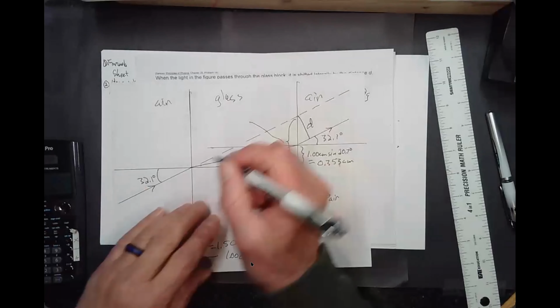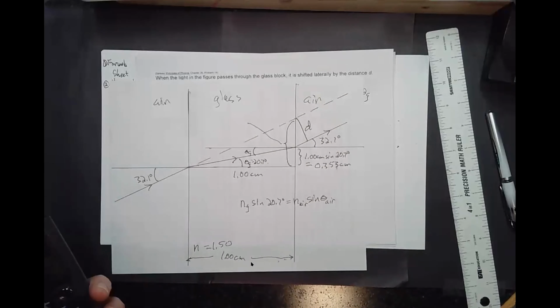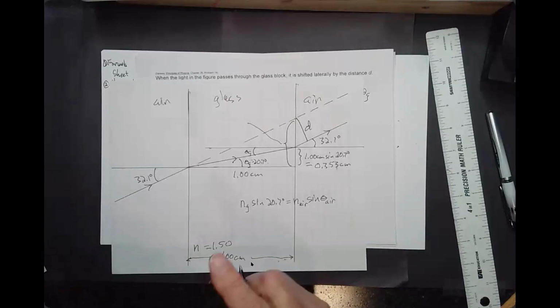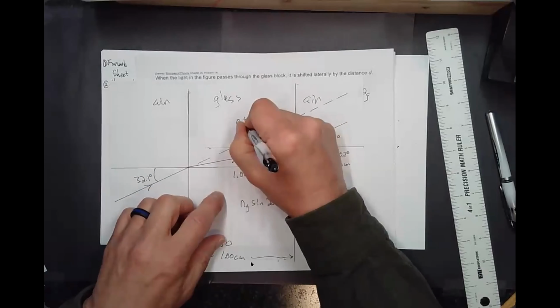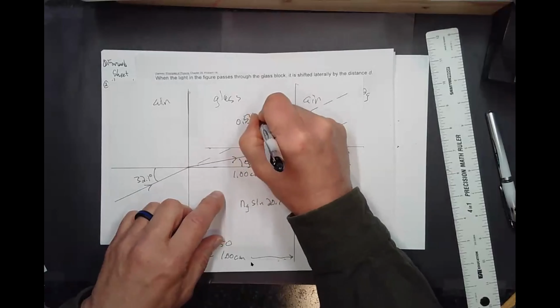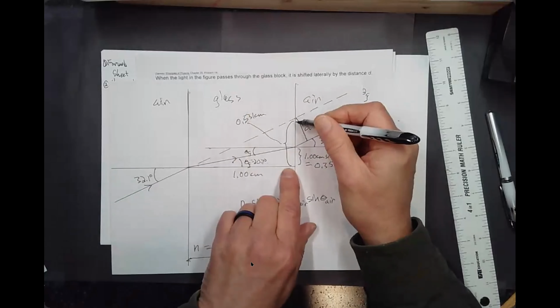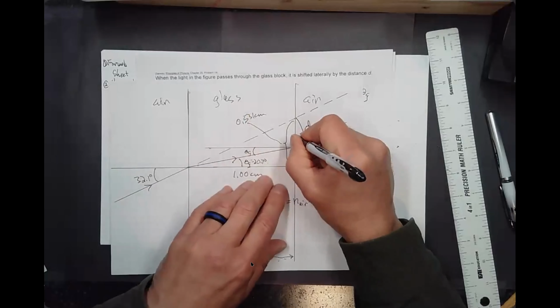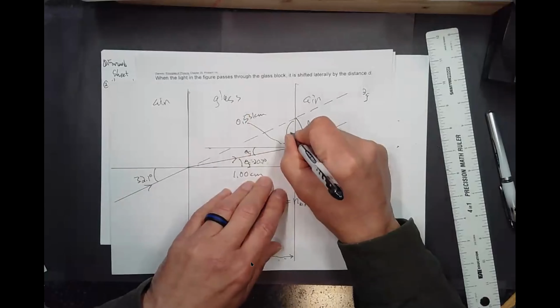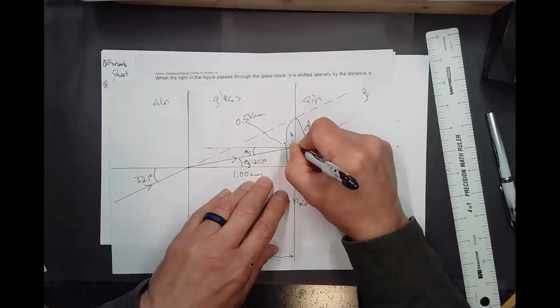Okay, well, this total distance here is going to equal 1 centimeter times the sine of 32.1 degrees, which is 0.531 centimeters. So that's the total distance, which means this part right here, what should I call it? H, maybe?